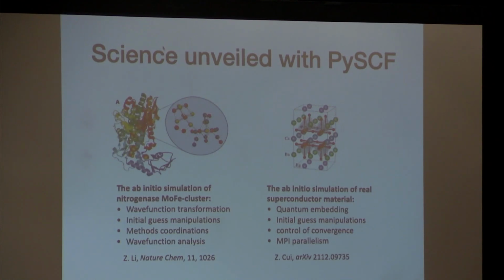There are also ways to analyze the wave function. It turns out it's quite complicated, but it actually gets certain useful results. And recently there is another really challenging problem: using ab initio methods to study real superconductor material.